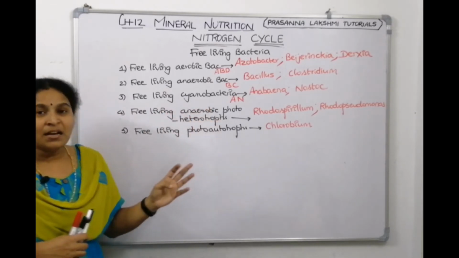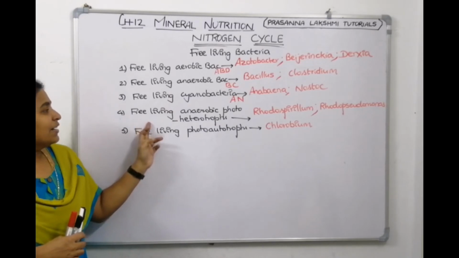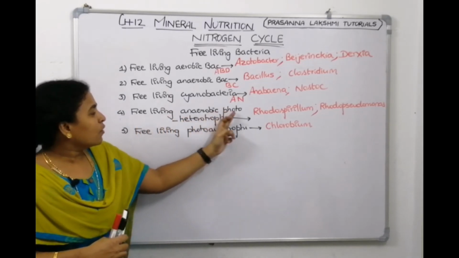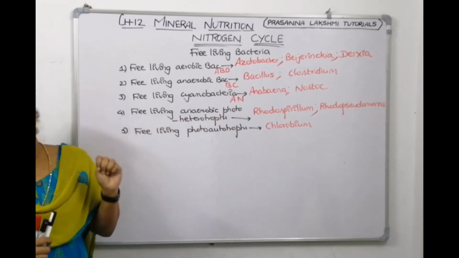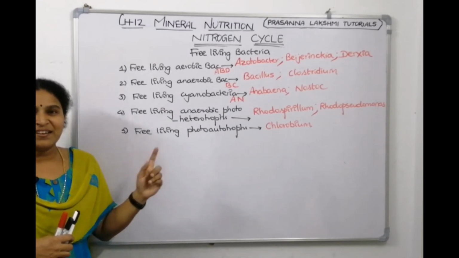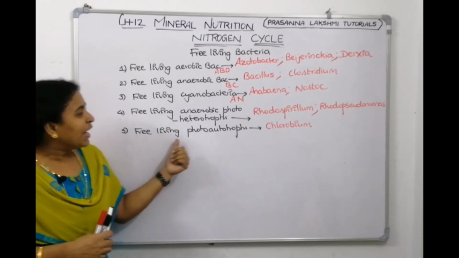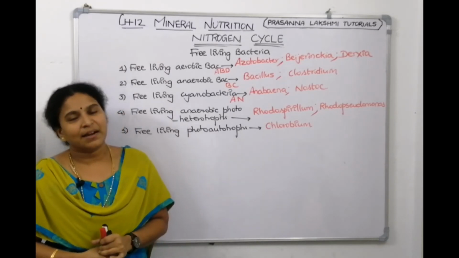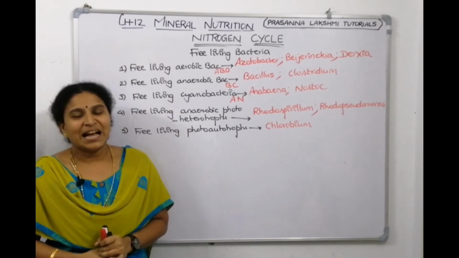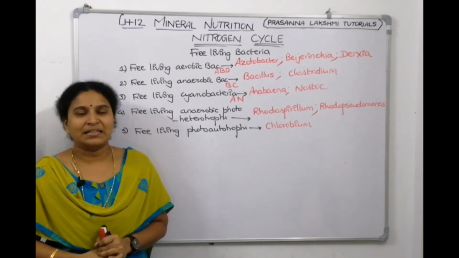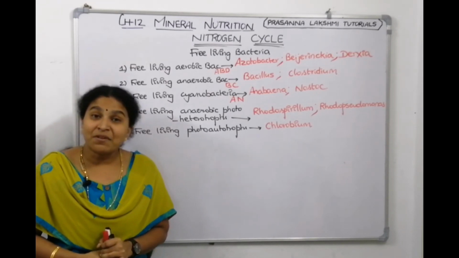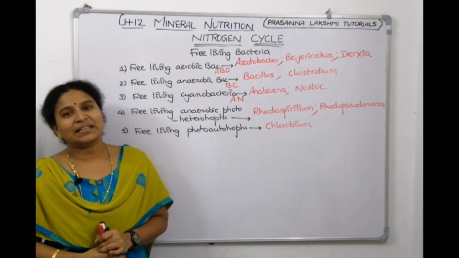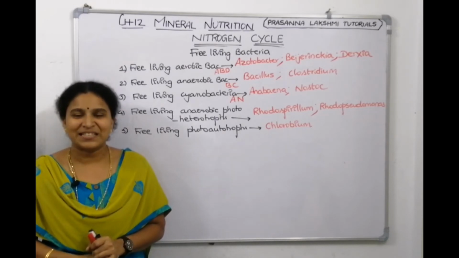Under cyanobacteria, A, N examples. Under free living anaerobic photoheterotroph, RR examples. Okay, triple R is coming, but here it is RR. Now free living photoautotroph example, Chlorobium. Right, children? All these are examples for free living bacteria. Take a screenshot. Then we will talk about symbiotic bacteria which help in nitrogen fixation.